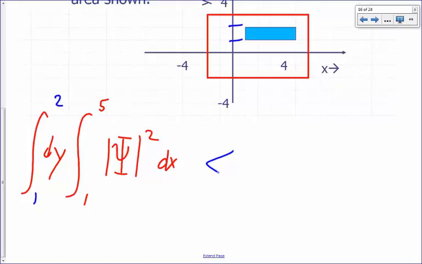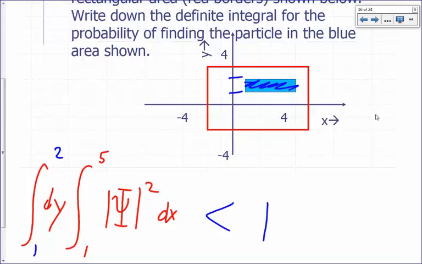And you would expect that number to be less than 1. Why less than 1? Because that's just a small part of the entire range of possibilities where you can find your particle.